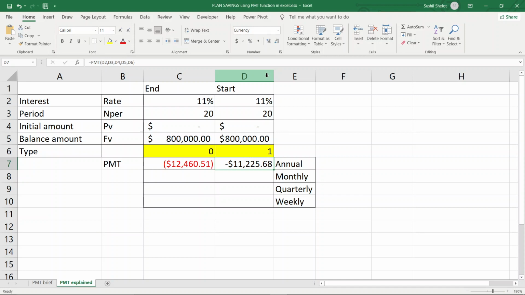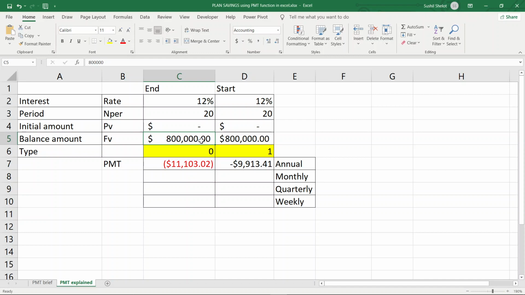Now, as you see, this value is seen as negative. As I already explained, this will be paid from the pocket of the person who is doing the savings. So if at all he chooses to opt for a higher percentage, so it will be 12%, and subsequently the value of the installment reduces, and the target remains the balance amount as 800,000.